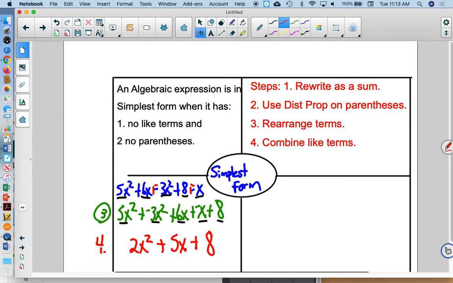And for some of you that can't seem to write the steps down or show the work, will it help you show your work if you follow the steps? Shake your head yes. If I follow the steps, you're going to be able to do it. Okay? Let's go with one more.